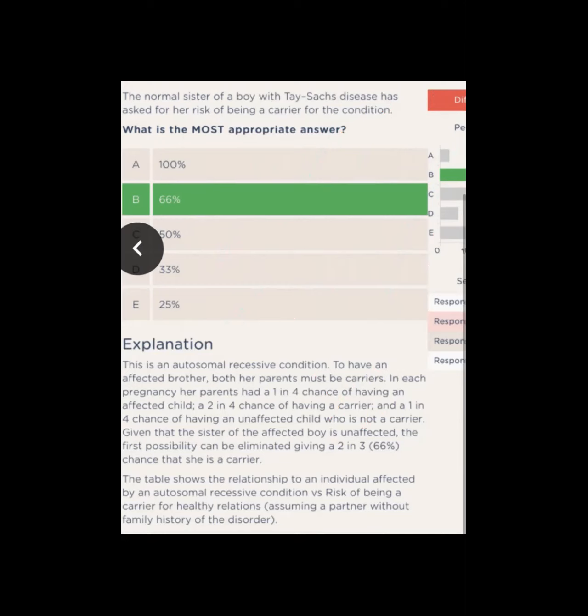So we can discard the 1 by 4 chance of being affected, and we will take the 2 by 3 chance, which is 66%. As the sister is normal, we can discard this 1/4 chance.